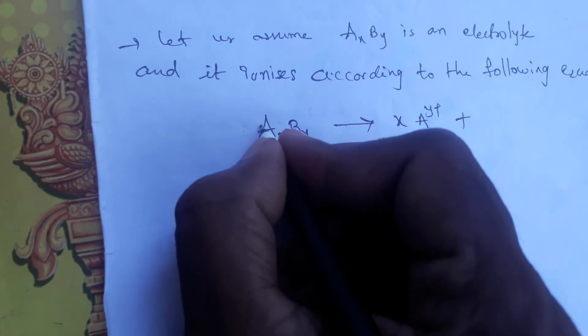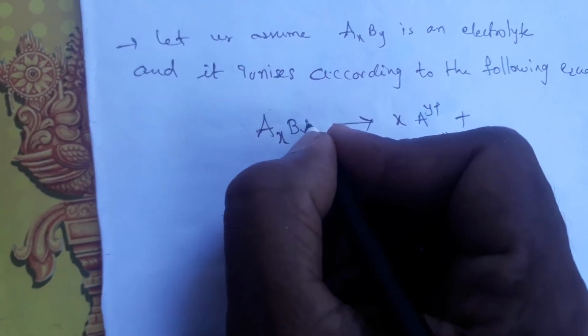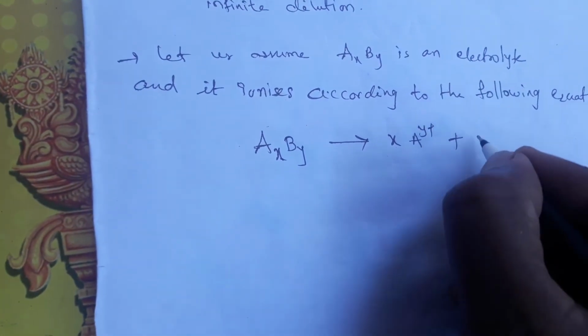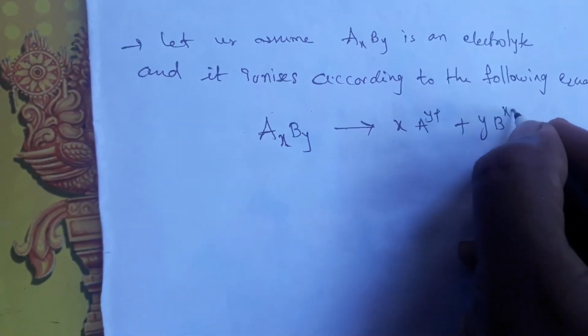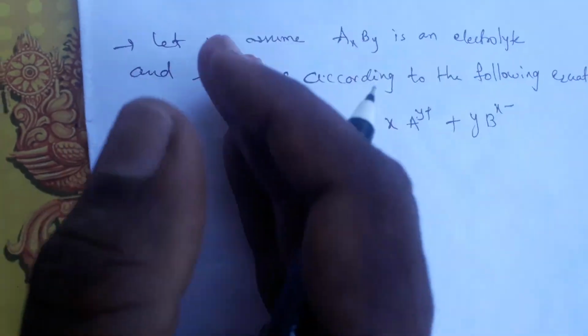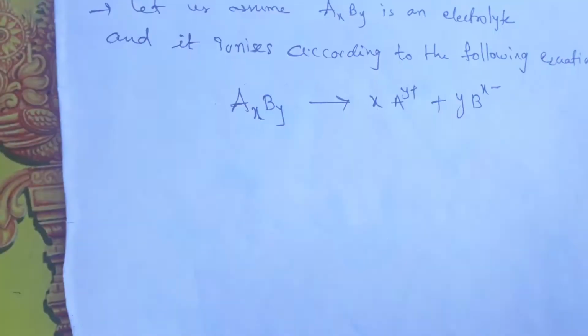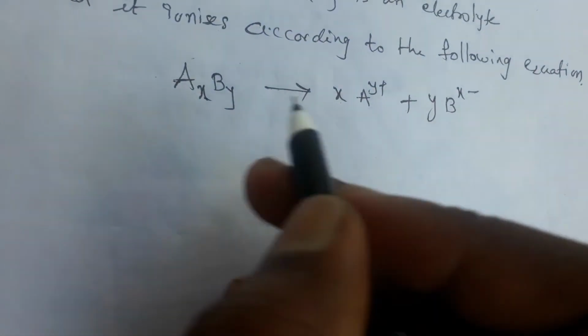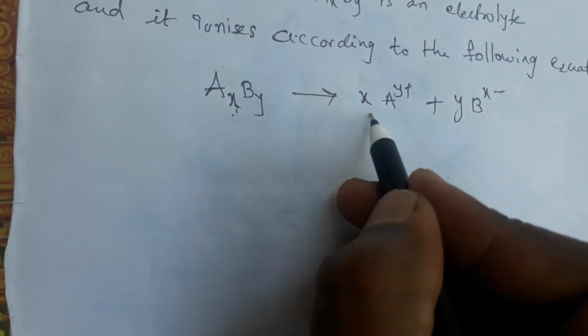Simple, it is a crisscross method. This is the cation on the left side and this is the anion: x times A to the power of y plus, and y times B to the power of x minus. So the left side is the cation and the right side is the anion, and their coefficients are x and y.